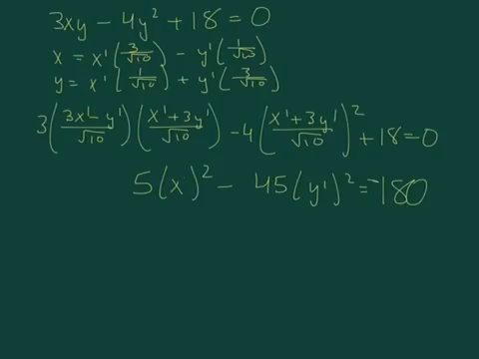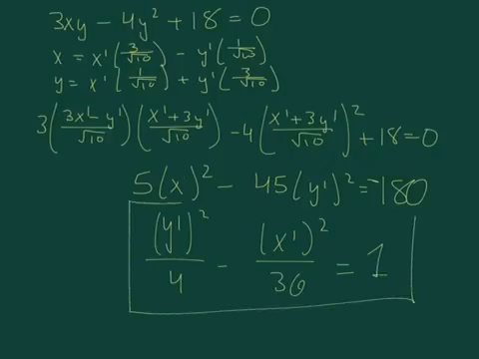So now you have y prime squared over 4 minus x prime squared over 36 equals 1. Now you've got it into normal form, so that's a hyperbola.